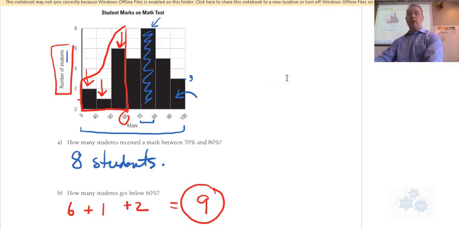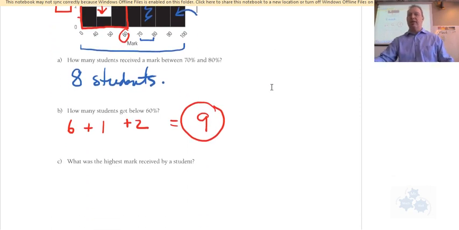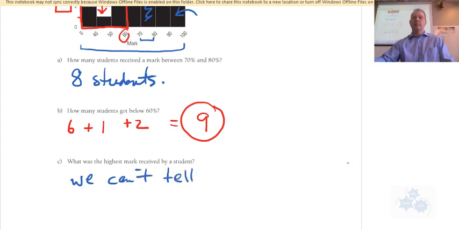So we know that 3 students got test scores between 90 and 100. That's what we know. So this question, when it says what's the highest mark received by a student, we cannot tell. Someone could have got 100, but there could have been 3 kids at 91. So 91 could be the answer, we don't know. So we can't tell. Okay? We can't tell.